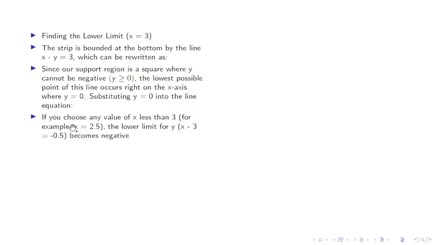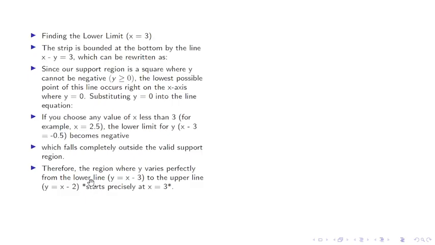Suppose we choose any value of x less than 3, for example x is equal to 2.5. Then the lower limit for y, x minus 3, is equal to minus 0.5, which becomes negative and falls completely outside the valid region.